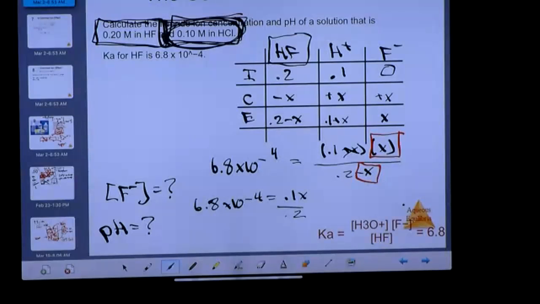Okay, so then we just solve for x. You with me? So I multiply both sides by 0.2 and then divide that answer by 0.1, right? Anyone have me a number? Tolman, how about you?